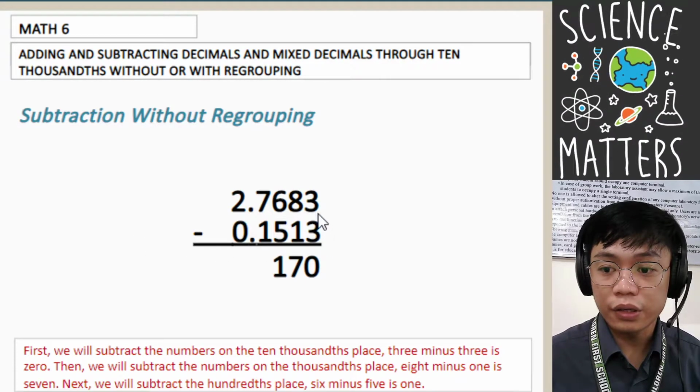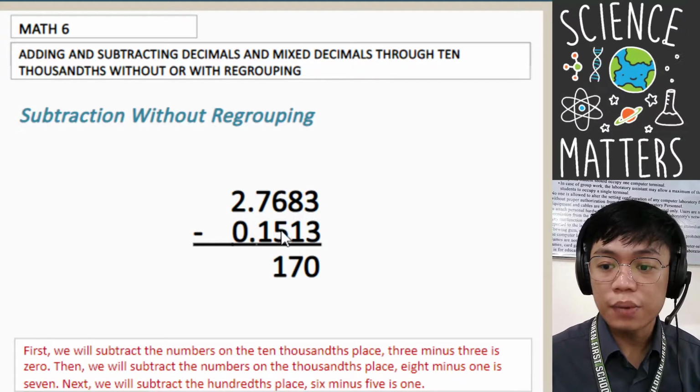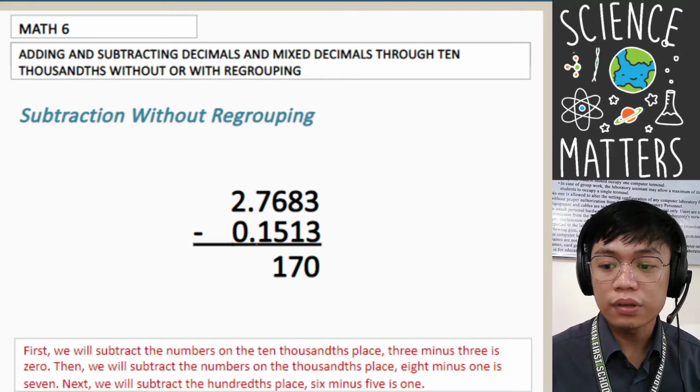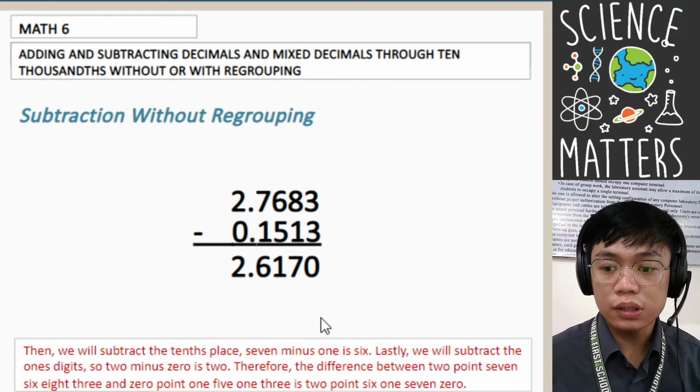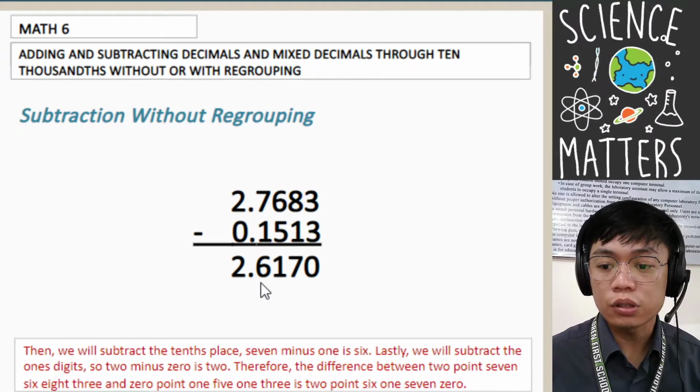So we have here 3 minus 3 is equal to 0. 8 minus 1 is equal to 7. 6 minus 5 is equal to 1. Then 7 minus 1 is equal to 6.